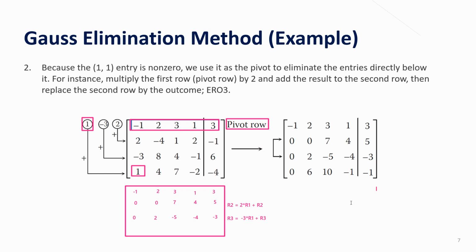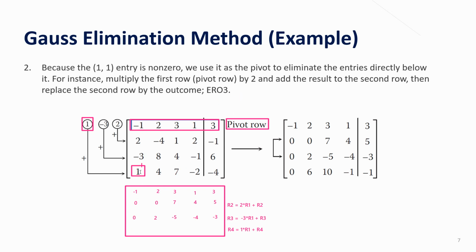So the formula for row 4 is 1 multiplied by row 1 plus row 4. It is basically just row 1 plus row 4.